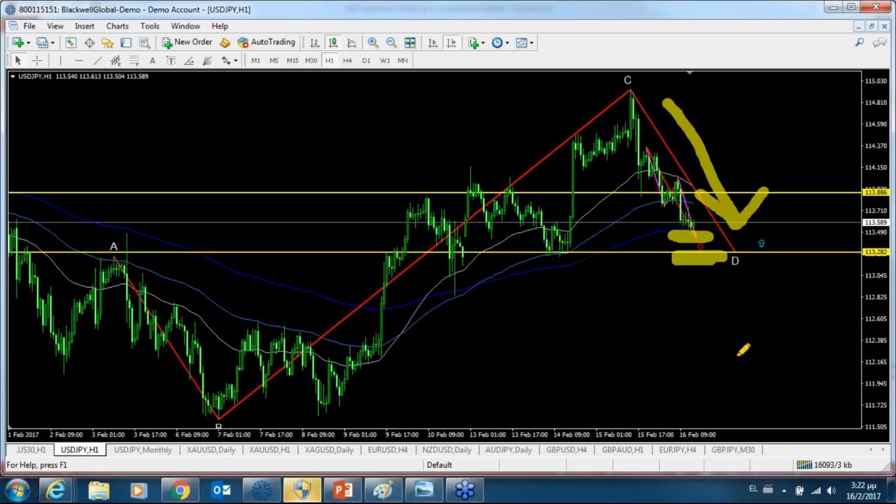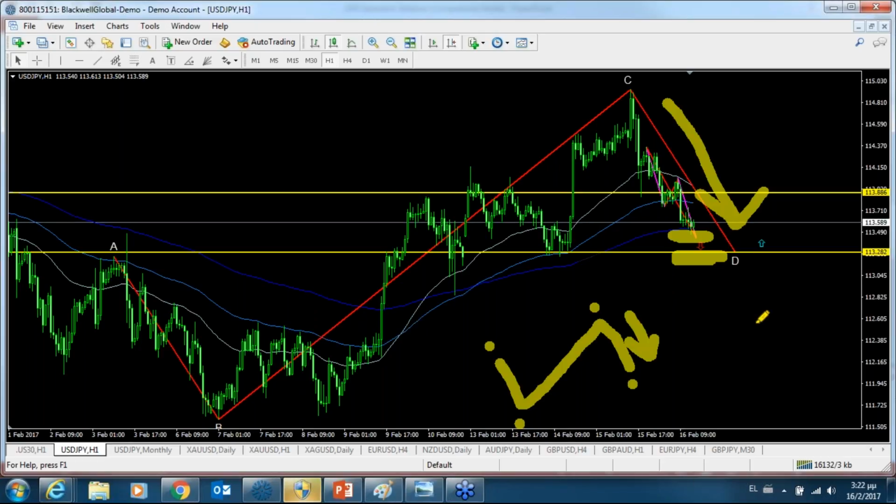In this case, because it is a bullish ABCD, meaning A, B, B to C, and then C to D. That's A, that's B, that's C, that's D. We are participating in the trade from C to D to the downside. So we are targeting the D area as our exit area, or the take profit area.